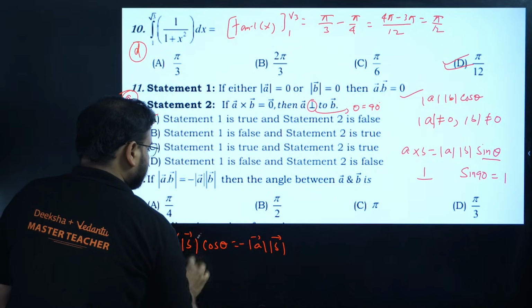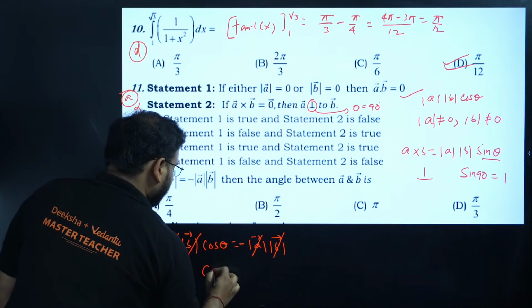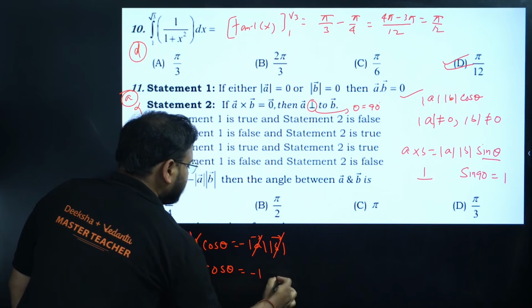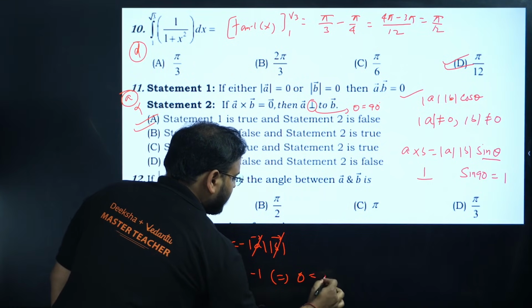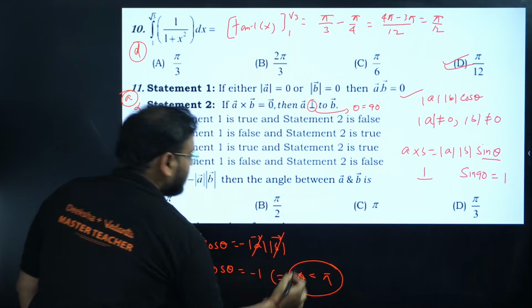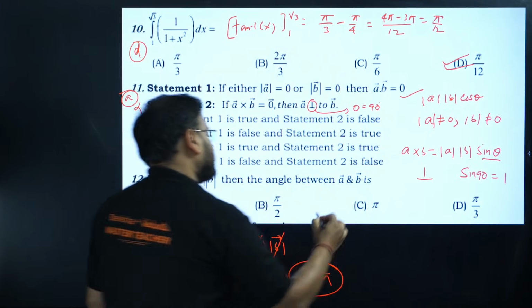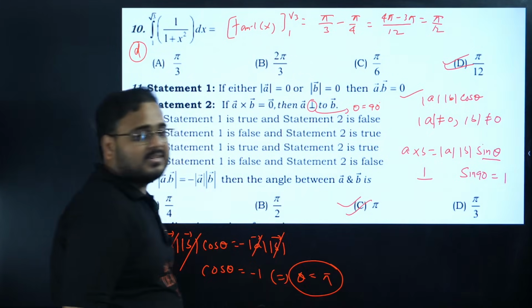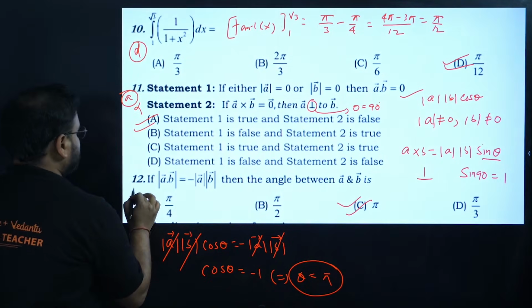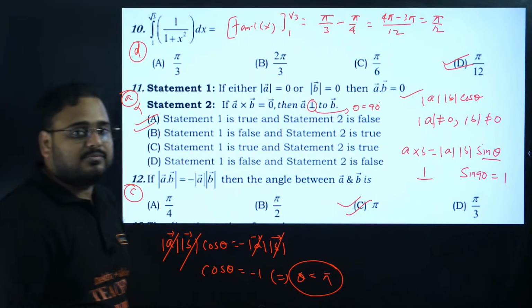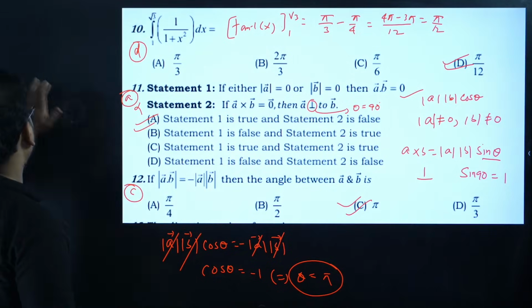Cancel, cancel. So I have here cos theta is minus 1. It means theta has to be pi, sir. So option C is the right choice. 12th option C. Let's move on to the next question, number 13.